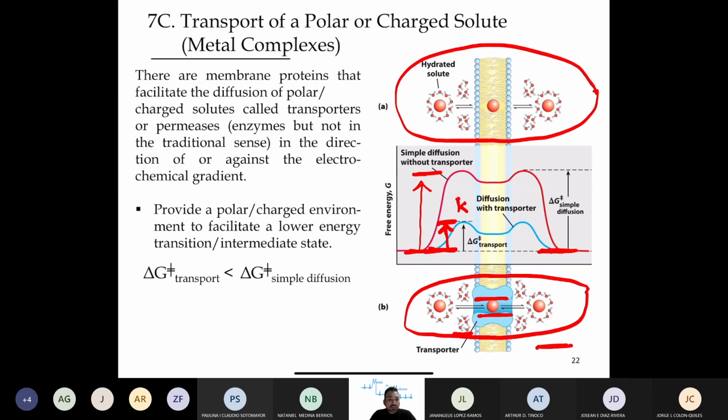All right, and so in this context, your delta G double dagger, which corresponds to the activation barrier, will be lower for the transporter than it would be if you were just representing this as a simple diffusion.